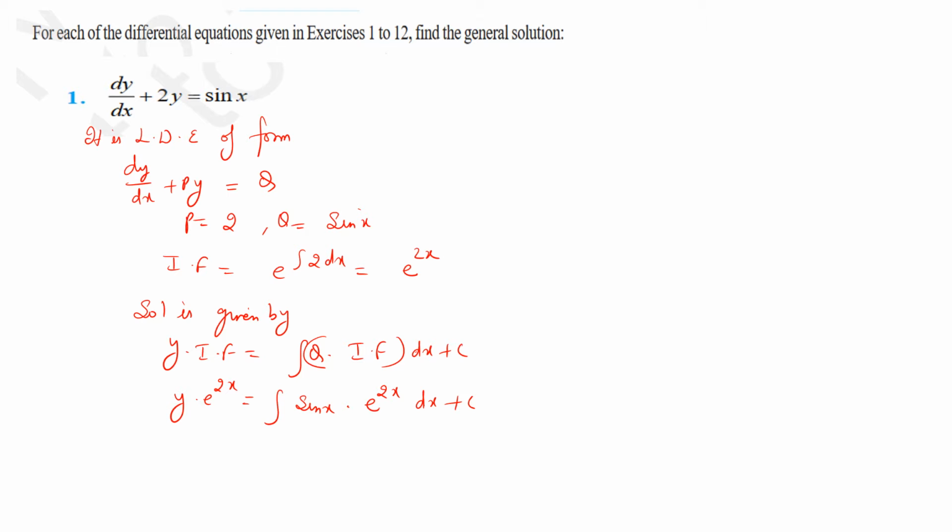So how will you integrate when you have this product of functions? We just need to use integration by parts. You take the first function, then the second function, and then you can start. I will solve this part separately: integral of e raised to power 2x into sin x dx.